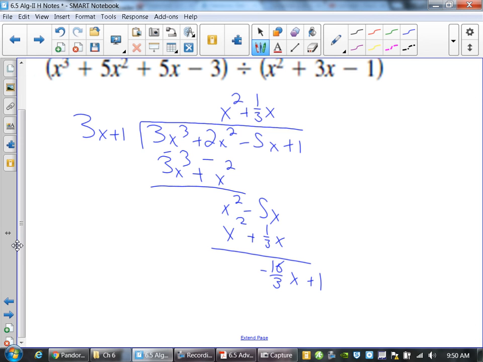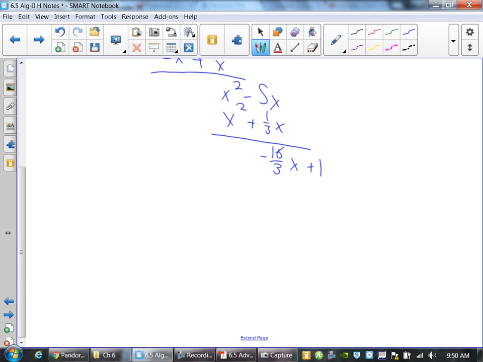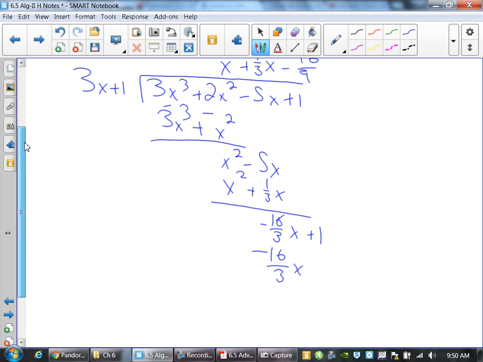Why did you give us this one? Negative 16 over 9, watch what happens. 3 times 16 over 9, that's how it works out. You get 16 over 3, and minus 16 over 9.